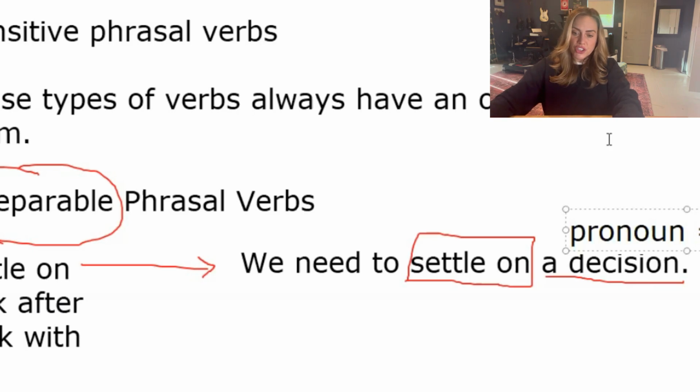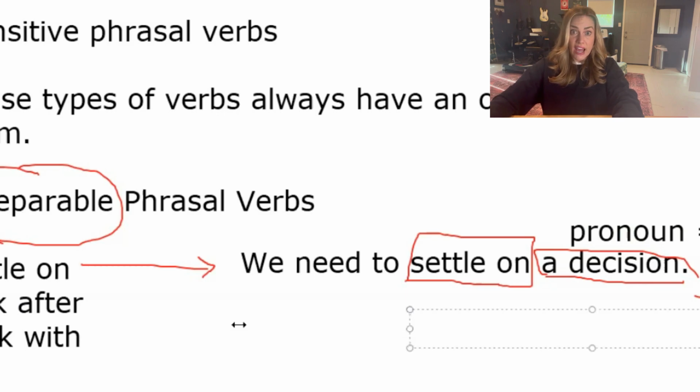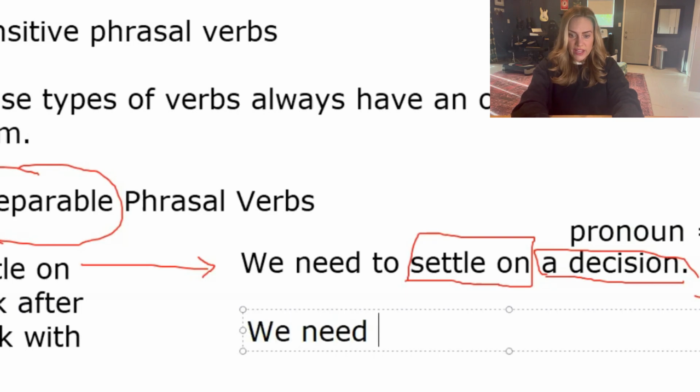So when we turn that noun, the object, into a pronoun, then we have to separate the verb. So I said that in the last video. We can't leave it at the end. So then in that case, I would need to say, we need to settle it on. But I can't. I can't put the pronoun in between the phrasal verb, right?